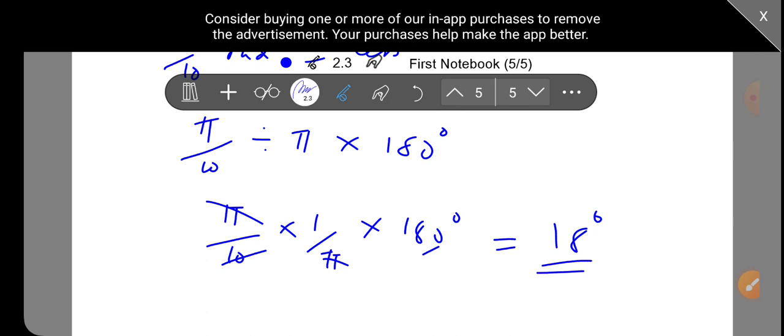So you can see now the difference. So this is how you can convert from degrees to pi rad.